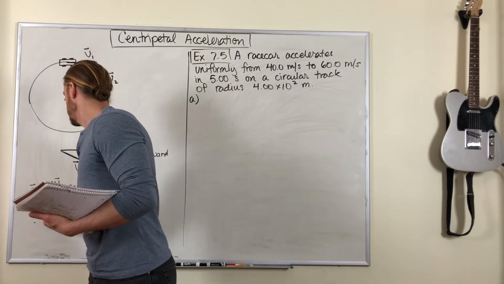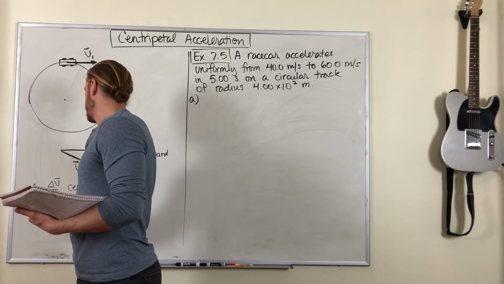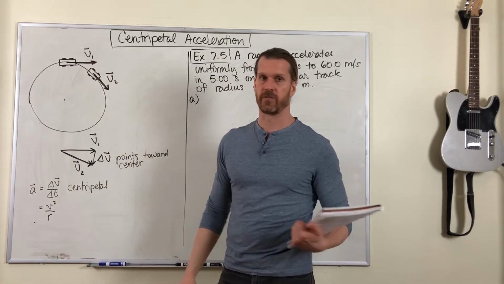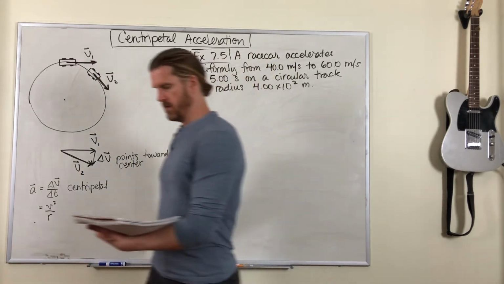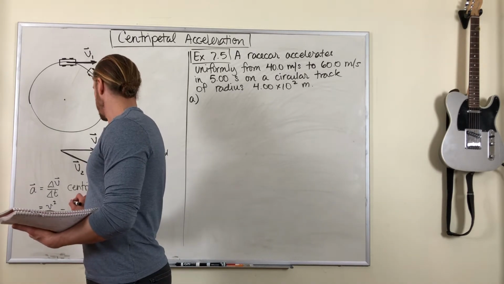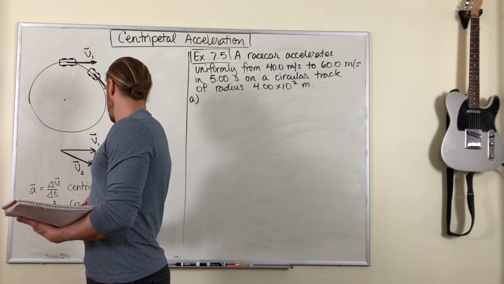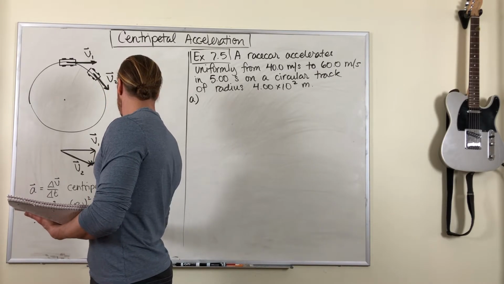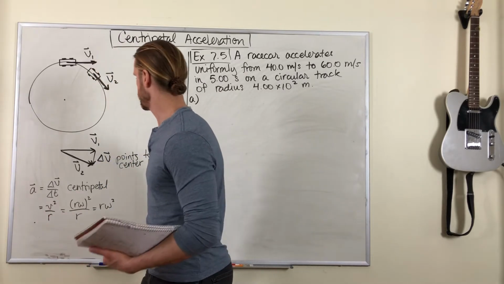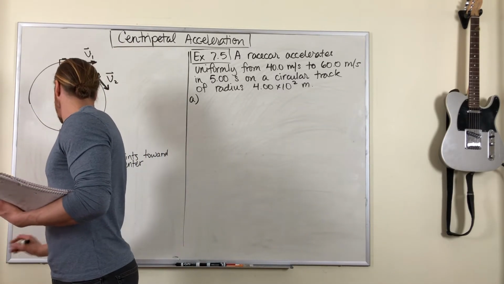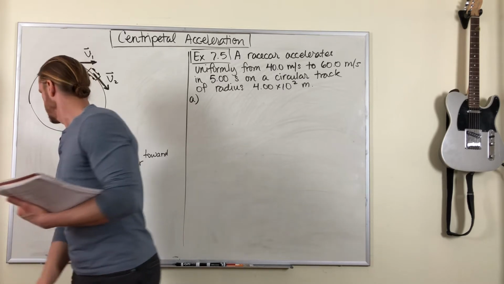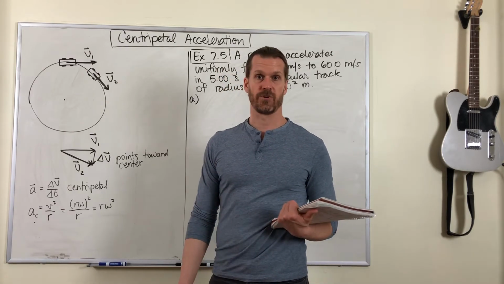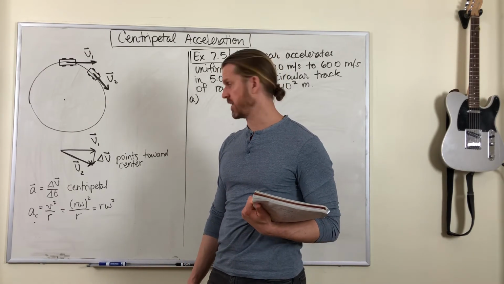And you can show that it has a magnitude equal to the speed squared divided by the radius of the circular path, which is also equal to r omega squared over r, or r omega squared. So the magnitude of that centripetal acceleration, AC, equals v squared over r. That's a pretty common equation that we're going to be using quite a bit.